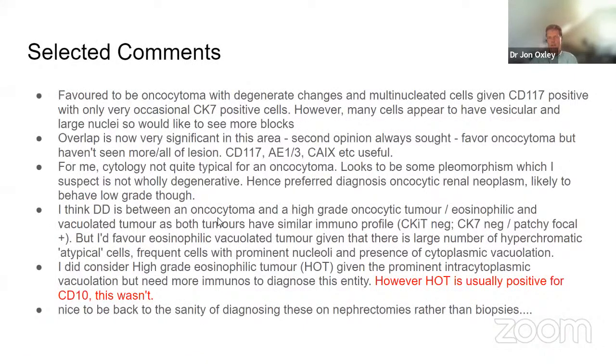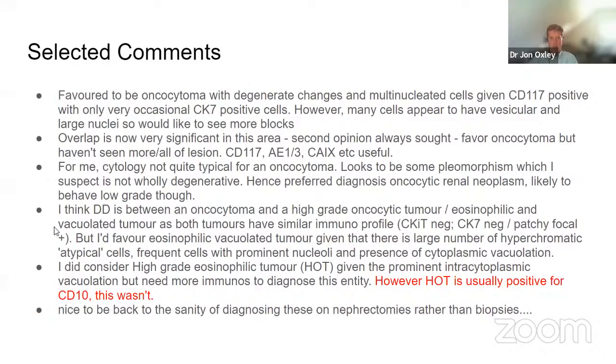And these are the comments, and it is not surprising that everyone was saying this could be an oncocytoma, degenerative changes. Other people were saying there is very significant overlap in this area. Second opinion always sought, favor oncocytoma, but haven't seen more or all of the lesion. Cytology not typical for oncocytoma.